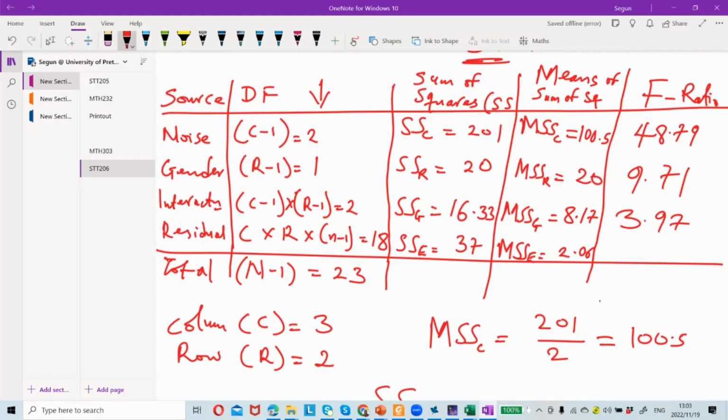Now we have our F calculated, which is the F ratio. F ratio is the same thing as F calculated. Then we now need to check F tabulated.